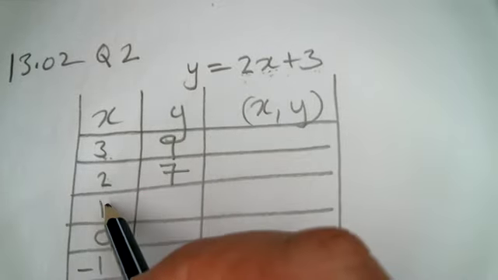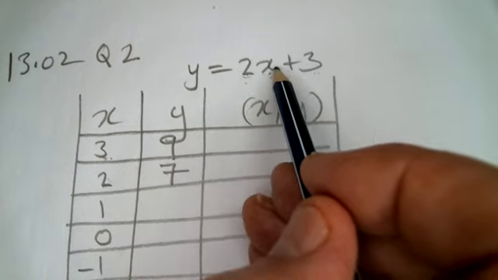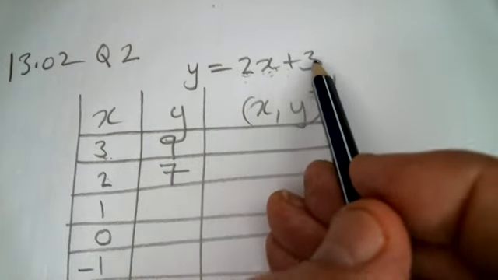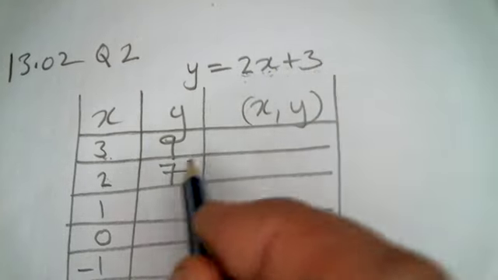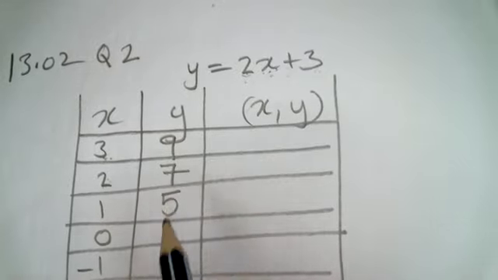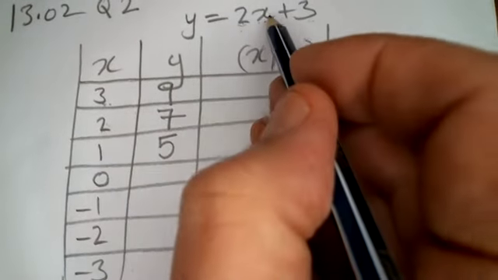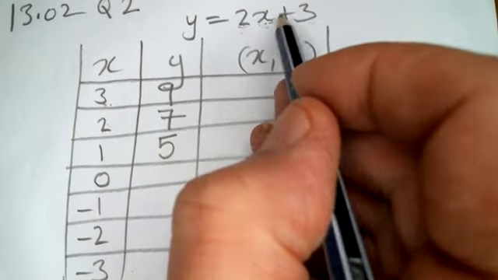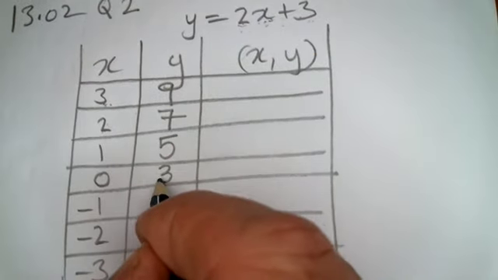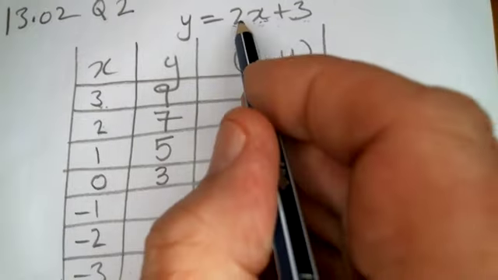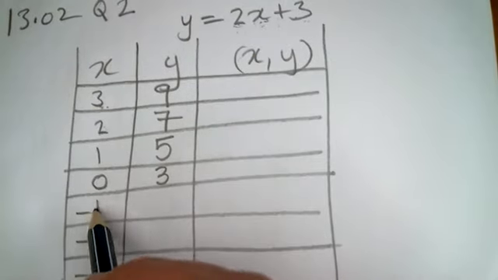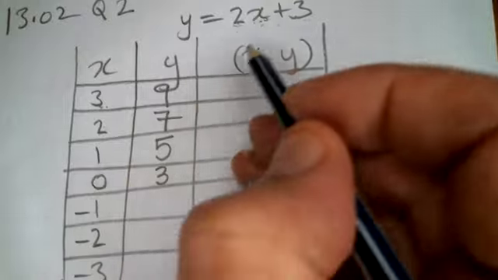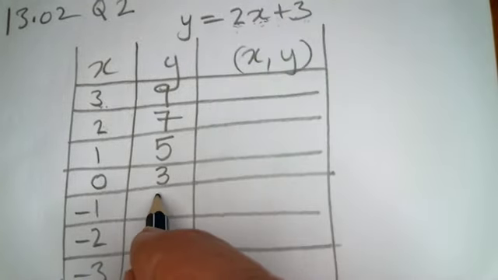Next one is going to be a 1. 2 times 1 is 2, plus 3 is 5. Fantastic. Next one is a 0. 2 times 0 is 0, plus 3 is 3. Next one is -1. 2 times -1 is -2, plus 3 is 1.